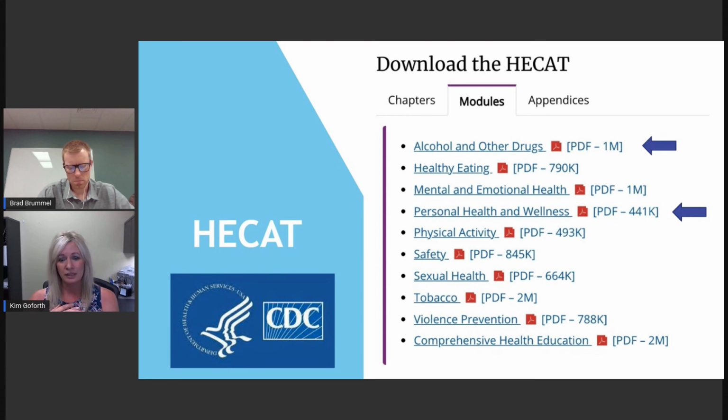And so if I look at some of our HECAT information that we have, the modules are more content-based and content-focused for the HBOs, or the health behavior outcomes, by content. And so if we look at how could we fit accessing reliable and valid information into a content, I could probably make a justification for any of these content areas.